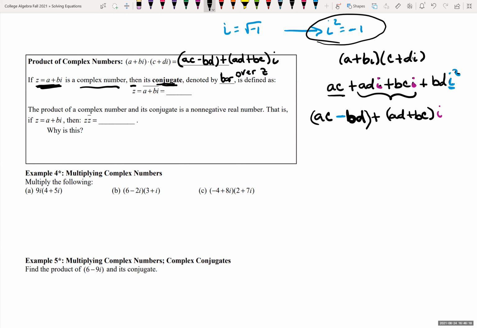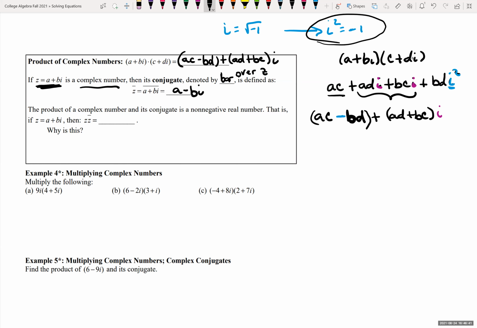It's defined as all you're doing is changing the sign in between the real and the imaginary. So z bar is equal to a minus bi. The product of a complex number and its conjugate is a non-negative real number.